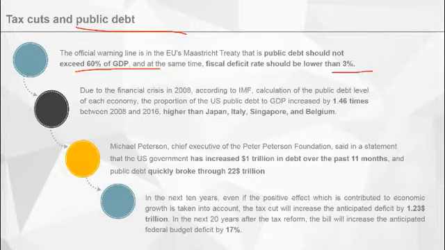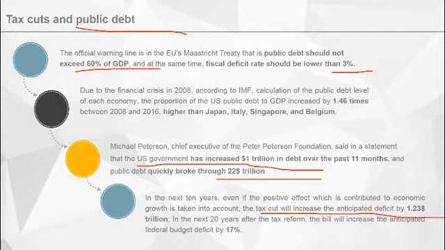To be more specific, the U.S. government has increased its debt by 1 trillion over the past 11 months, and the public debt quickly broke through 22 trillion dollars. And what's more, in the next 10 years, the tax cut will increase the anticipated deficit by $1.23 trillion. And in the next 20 years, the federal budget deficit will increase by 70%.